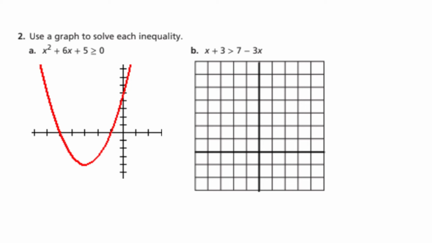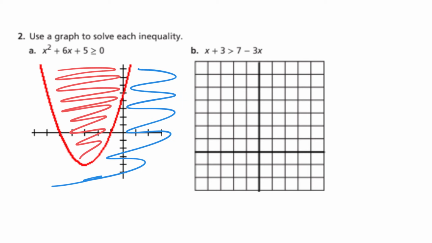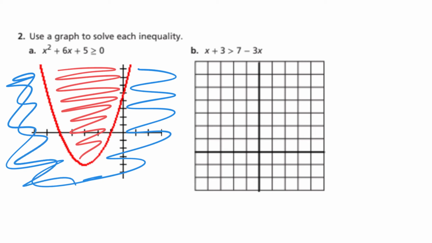One of them is inside of the parabola, and the other is outside of the parabola. That's the only two places we would shade on a parabola. So my suggestion is to plot one of the points either in or out, and then if the statement is true, you shade where that point is. If the statement is false, you shade opposite of where that point is.